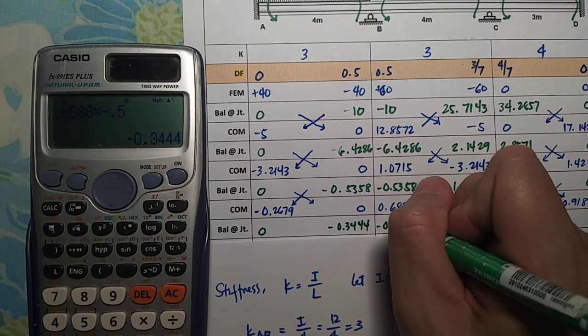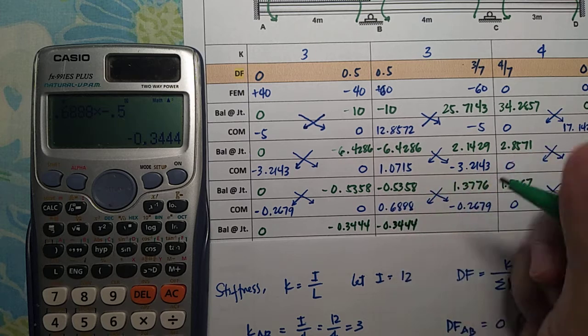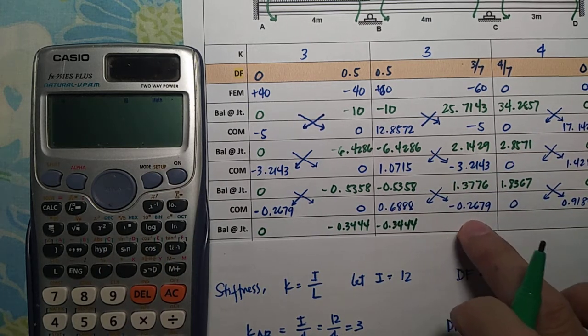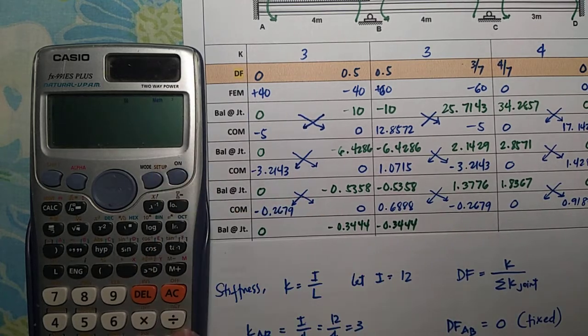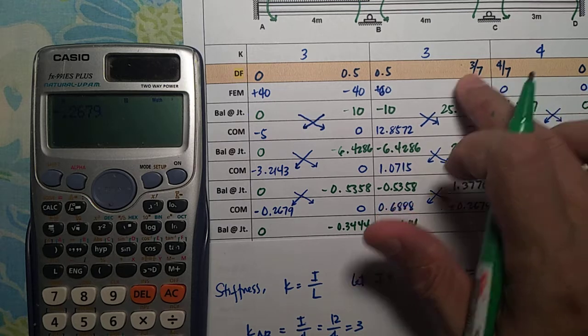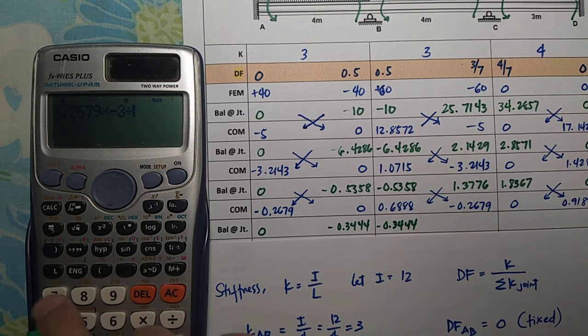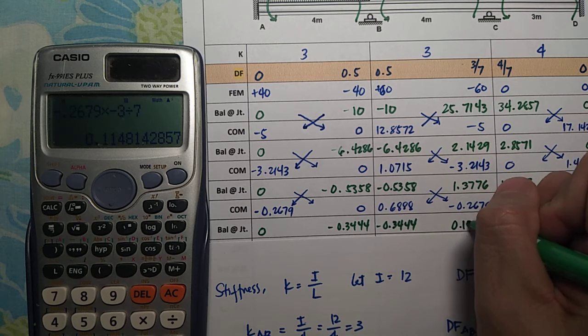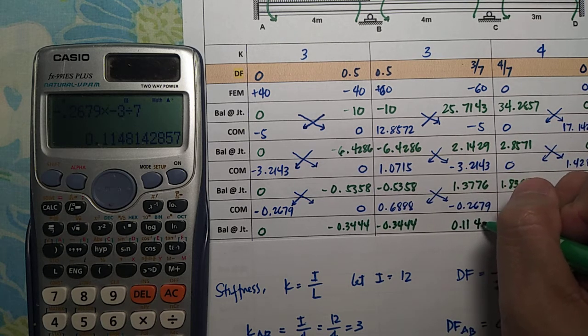Okay, 0.3444. So dito, ganun din. Negative 0.3444. On this side, the unbalanced moment is negative 0.2679 plus 0. Negative 0.2679 times the negative of DF times the negative of 3 over 7. So we got 0.1148.